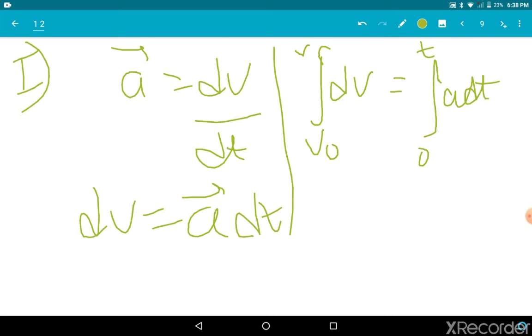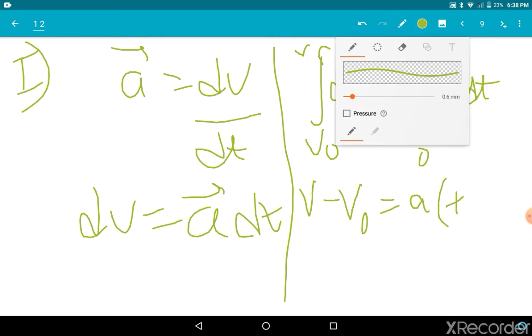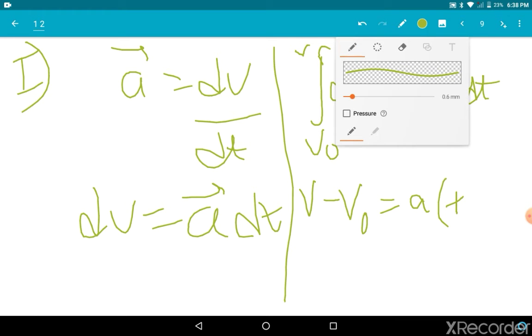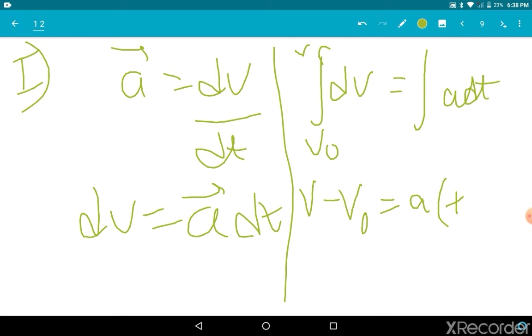This side will be nothing but v minus v0, and if we take a out common, because a is acceleration here and it is obviously constant, this will be nothing but t, let me change this to limits t1 to t2, so t2 minus t1.